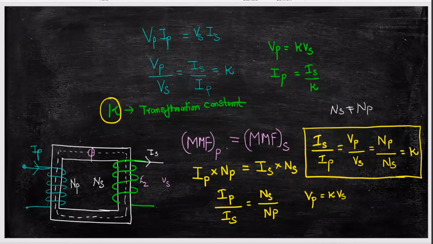If you multiply the transformation constant with secondary side quantities, you get primary side quantity. See here in this equation, I have multiplied the secondary side quantity with K, then I got the primary side quantity.